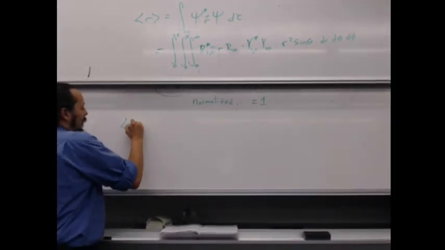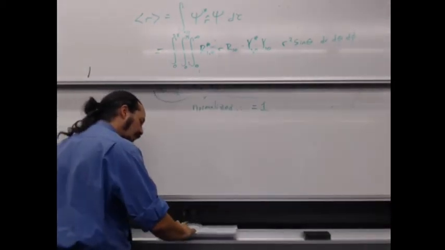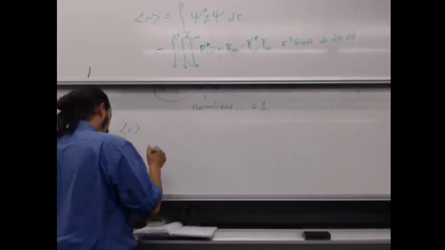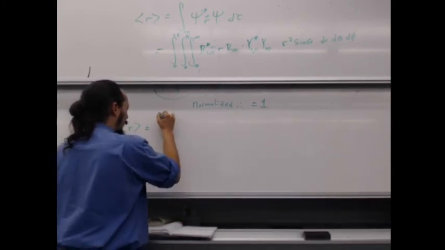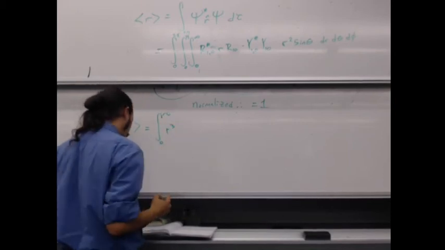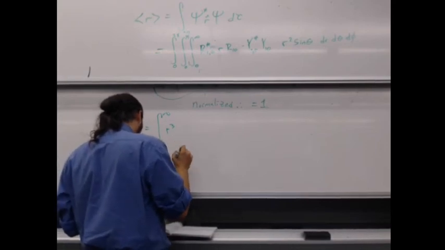So we're going to have average r. I'm going to go ahead and plug in our definition of R10 and square it as well. I'm going to have r cubed. I'm going to write this in two parts, actually.